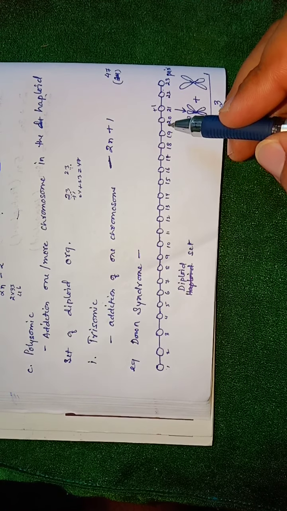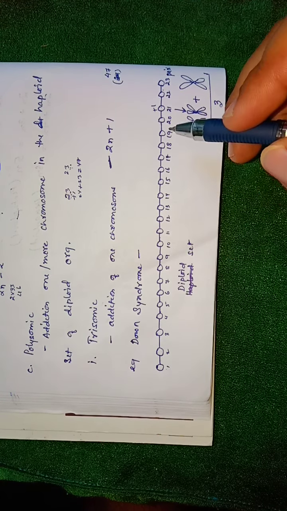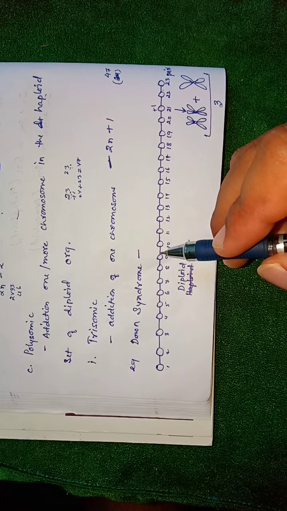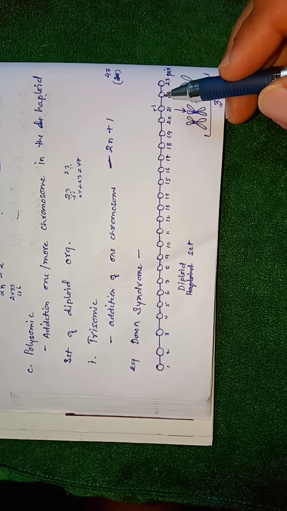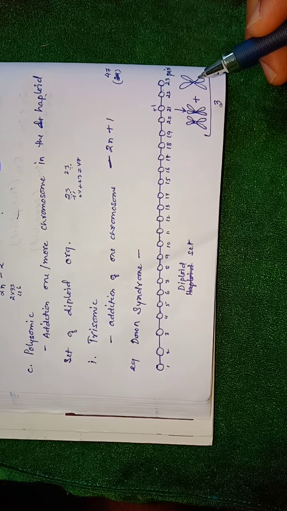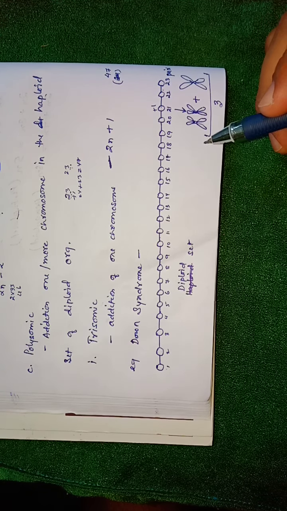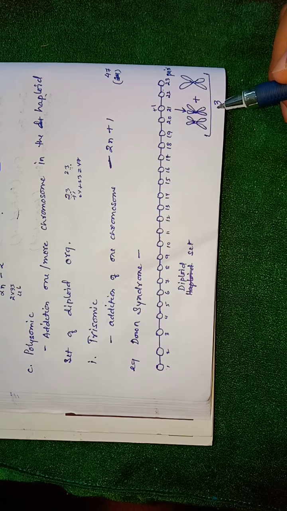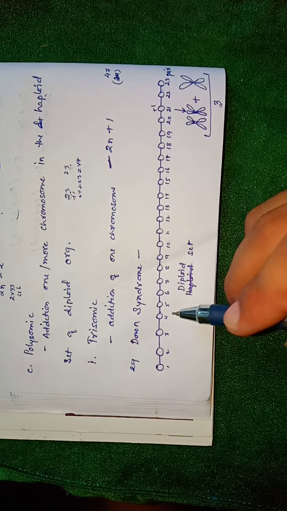In Down syndrome, all the chromosome, that is 1 to 20, will have pair of chromosome. 22 and 23 will have pair of chromosome, but the 21 will have an extra additional chromosome, and instead of pair they will occur in 3 number of chromosome. So this type of disorder is called as Down syndrome.